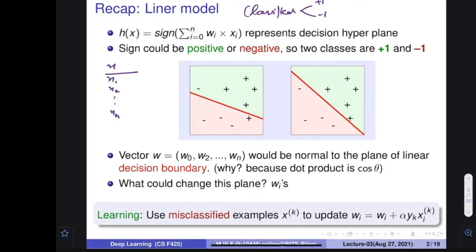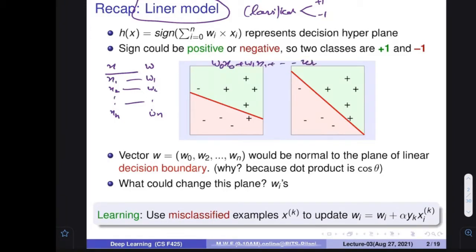Since we wanted to model the problem as a linear model, there should also be weights w1, w2, up to wn. We devised an equation that multiplies term by term: w0 x0 plus w1 x1 plus up to wn xn, where w0 is with respect to the thresholding term.